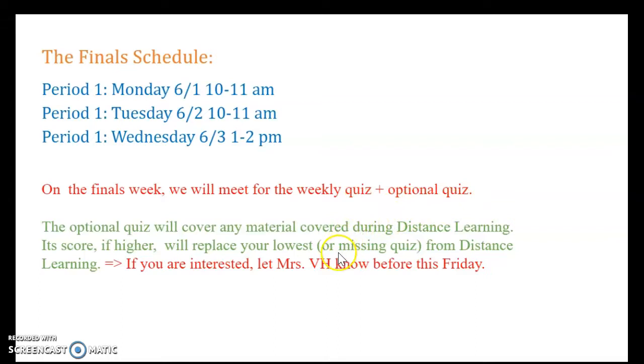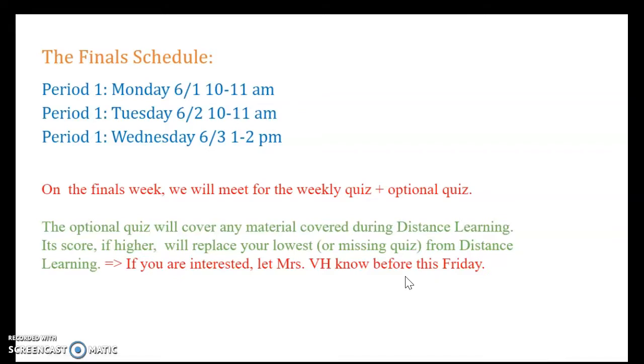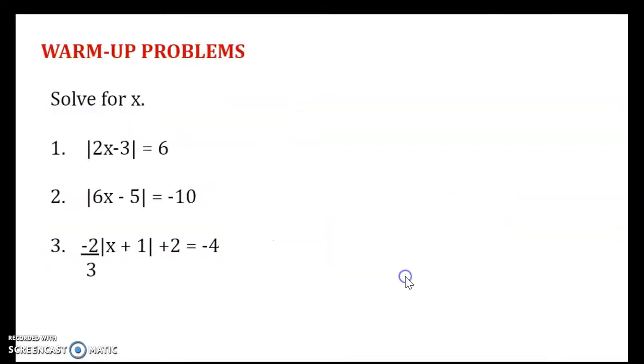Optional quiz is any of the quizzes that we did over the distance learning, and you have a chance to retake or make up if you were absent for any of them. But you need to let me know as soon as possible so that I can plan ahead for it. You can't just turn up.